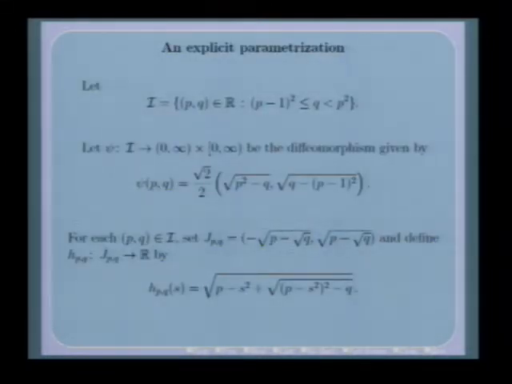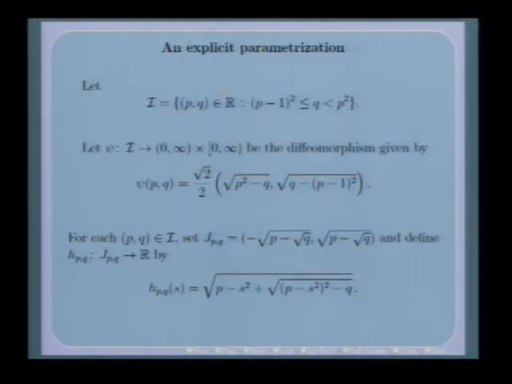And we also have been able to obtain an explicit parameterization of all such submanifolds as a rotational submanifold in the ambient space. And for that, it's more convenient to use these two different parameters, P and Q, instead of R and H, which are related to P and Q by this diffeomorphism.